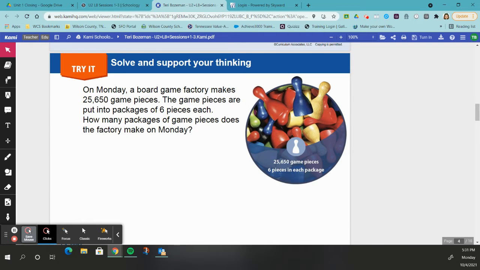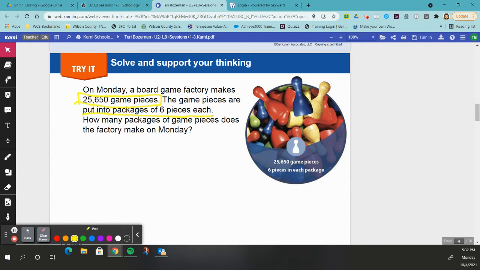On Monday specifically. So we have a total amount of game pieces. And our total amount of game pieces is right here. So this is how many pieces they made on Monday, right? And it says the game pieces are put into packages of 6 each. Okay?